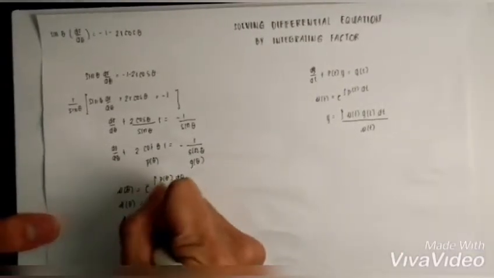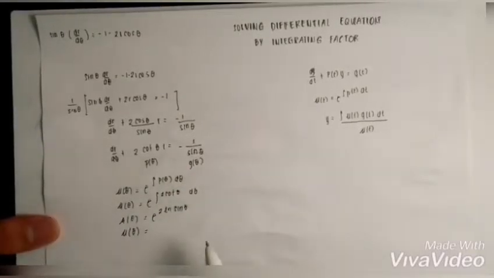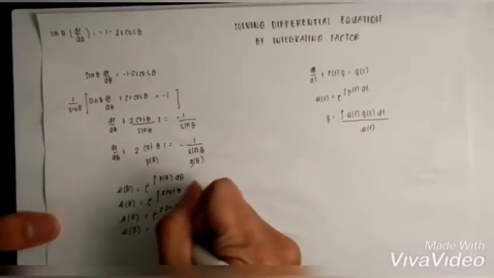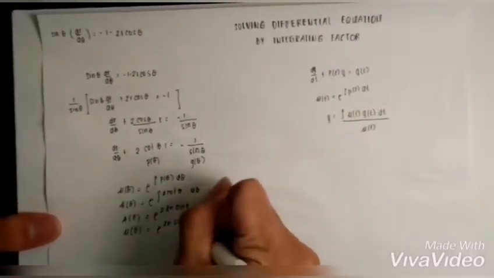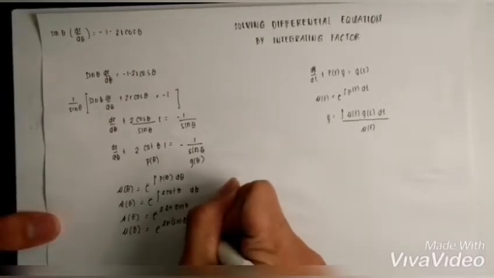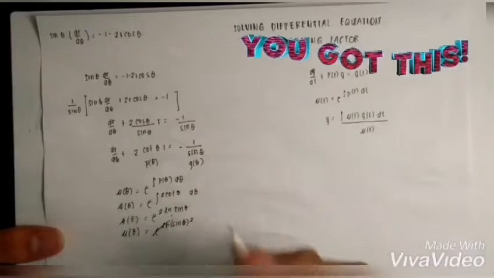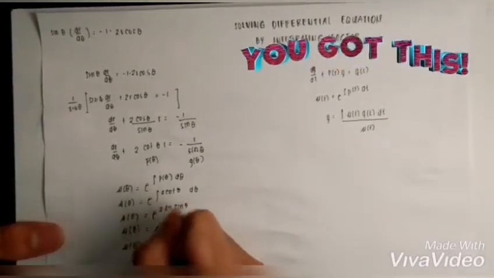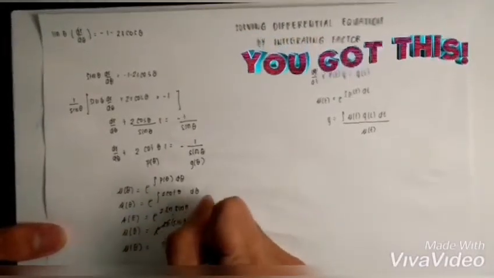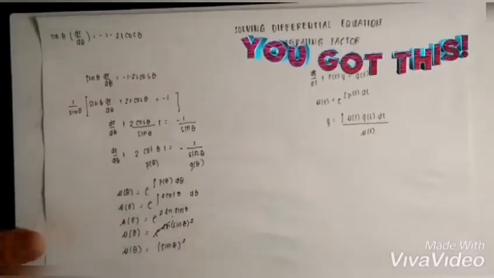So our mu of theta is basically this function, if we're going to simplify this, which is e raised to ln of sine theta raised to 2, and e raised to ln, that is equivalent to 1, right? So now our mu of theta is equal to sine theta raised to 2.